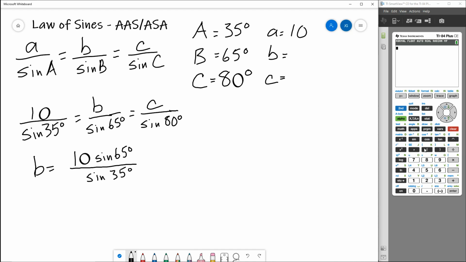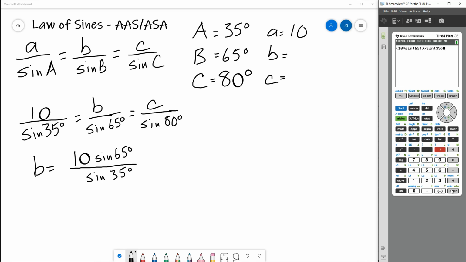And up here I have an example of a TI-84 that you might be using. We're going to plug this in by first parentheses, then 10 times the sine function of 65, close that parentheses, close out my other parentheses, divide that all by the sine of 35, closing out my parentheses.